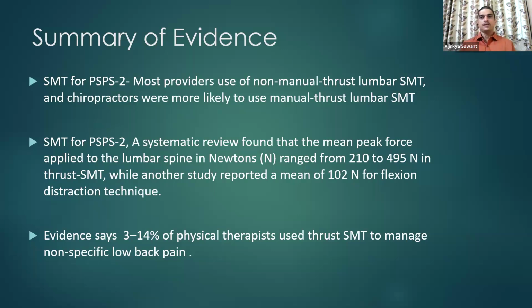See, whether they do thrust techniques or we do non-thrust flexion distraction technique, the results found were the same, but the force applied with flexion distraction was half of it. Evidence says 3 to 14% of physical therapists use thrust SMT to manage non-specific low back pain.